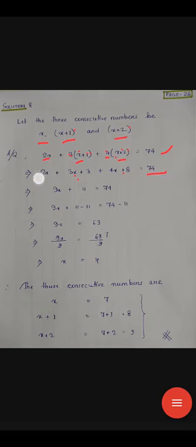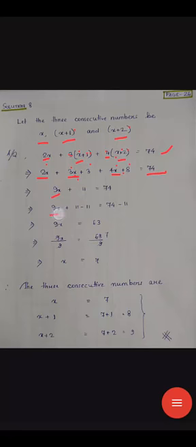While summing up twice x, thrice x, then 4x, in total how many x's? 2 plus 3 plus 4, it will be 9. 9x plus 3 plus 8 will be 11, equals 74.